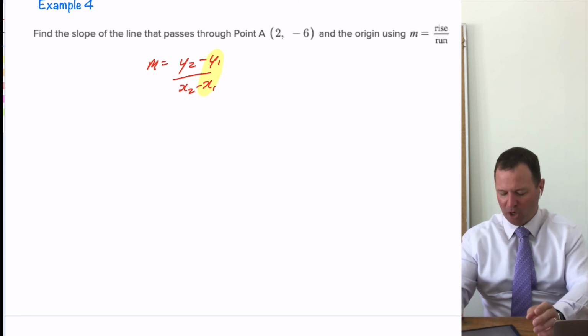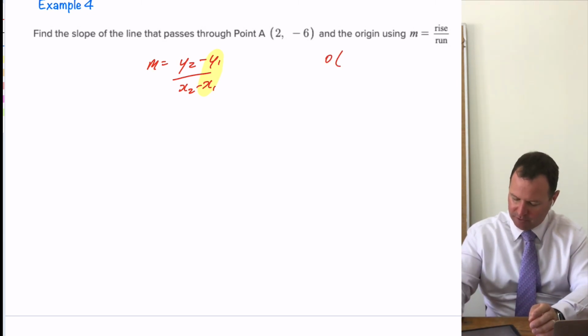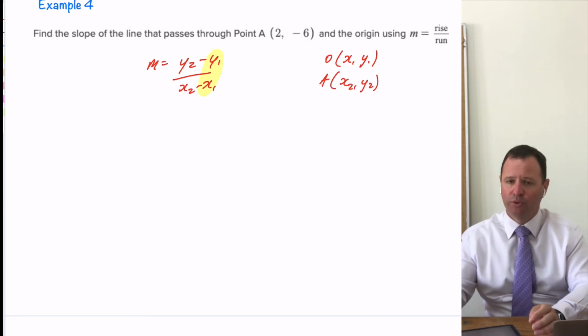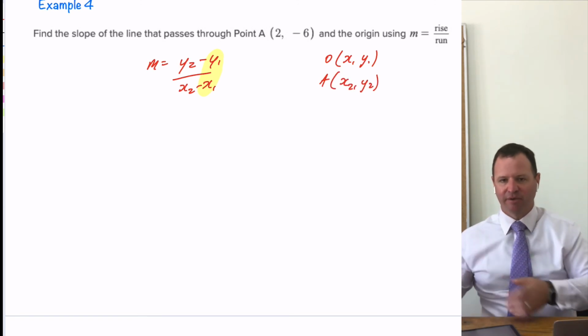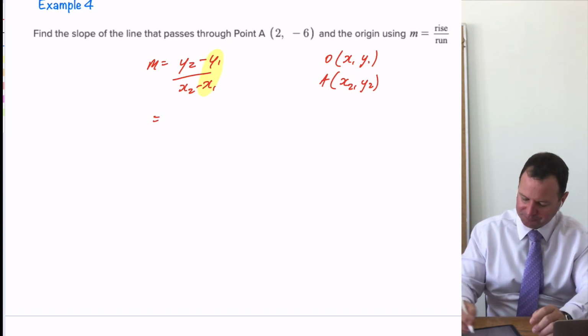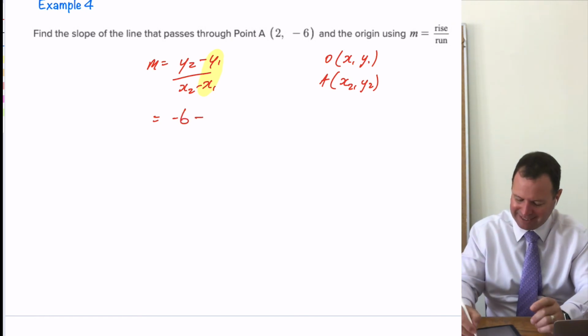But if I make my origin that x1, y1, and my point A as x2, y2, I'm going to be doing something minus 0, which just makes it so much easier. So I'm going to put that in. I'm going to say my y value, which is -6. I'm going to write it out just so you can see it.